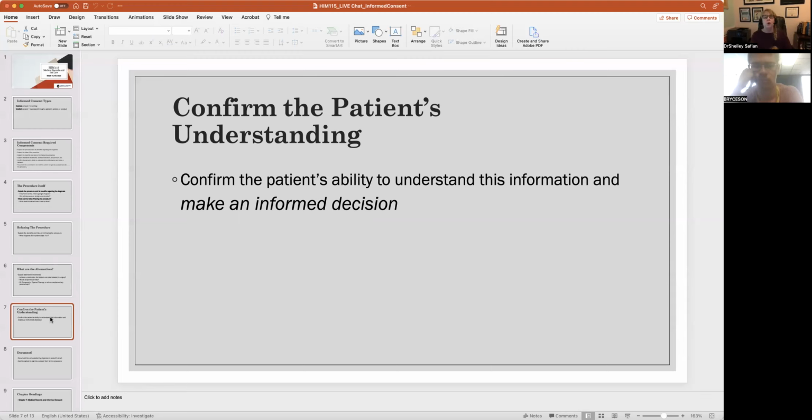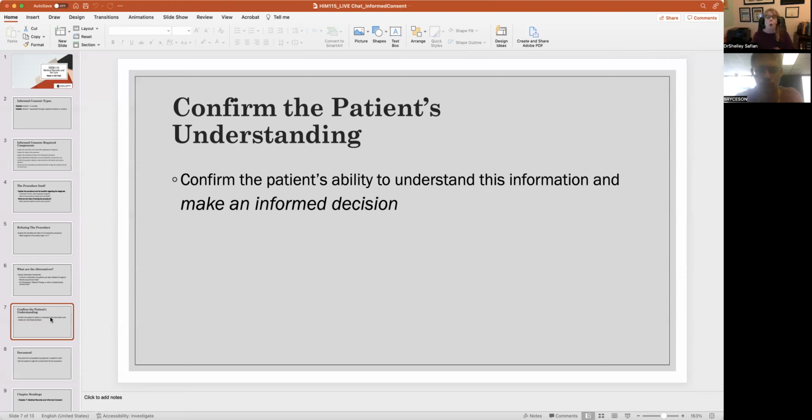Or if there's a question about the patient's understanding, maybe the patient is in a state of confusion. Maybe the patient has dementia or early Alzheimer's or something like that. Then the physician, depending upon the extent of the procedure, might want to bring in the patient's healthcare surrogate, typically a family member.